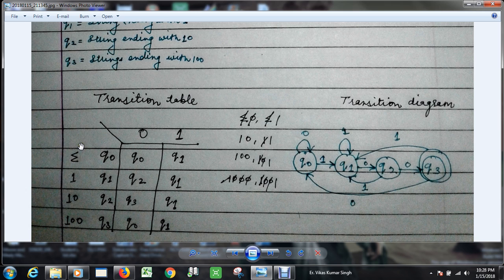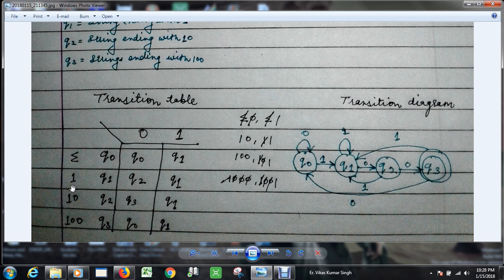No pair for epsilon 0, so we will cut the epsilon. Then we will search for 0. Is there any 0? No, so we will cut it. We didn't find epsilon 0, so we will put the initial state Q0 here. Next we will compare epsilon 1. We will search it.